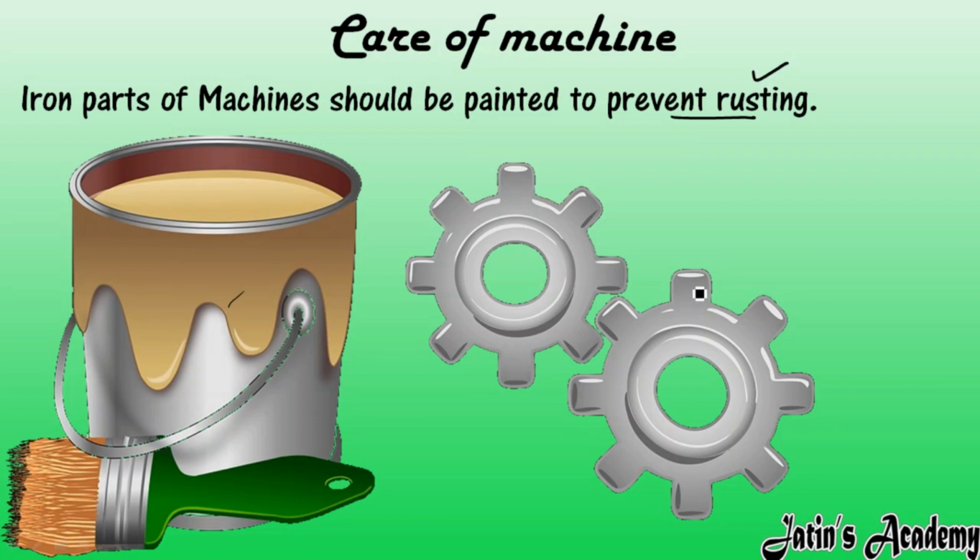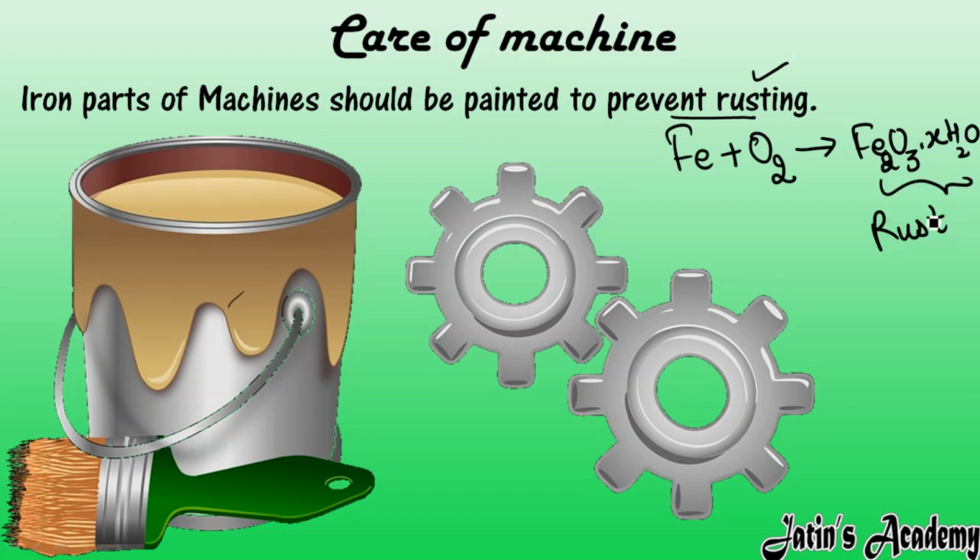Rusting means whenever iron comes in contact with oxygen and moisture or water, it forms an iron oxide layer, Fe2O3 dot X molecules of water, which is rust. This rust slowly eats up the metal surface. So in order to prevent rust, we use paint.